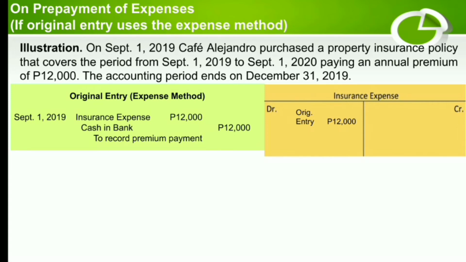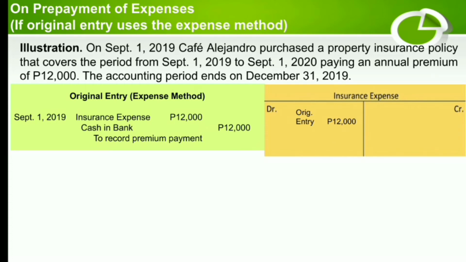Because the 12,000 pesos here is an insurance from September 1, 2019 to September 1, 2020, which is equal to 1 year. And take note that the end of the accounting period is on December 31, 2019. So therefore, the expense portion of the insurance is only from September 1, 2019 to December 31, 2019.